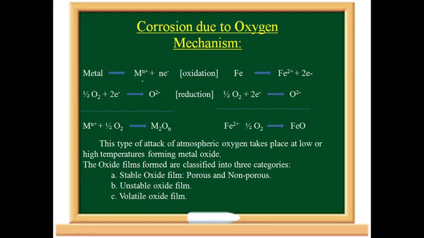For example, iron, Fe, tends to lose its electrons to form ferrous iron. These two electrons are taken up and react with the metal ion to form ferrous oxide. In this way the attack of oxygen takes place and metal oxide is formed.